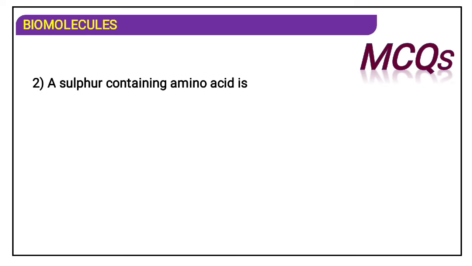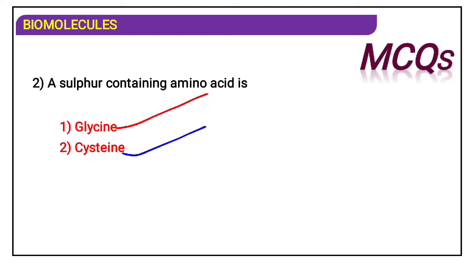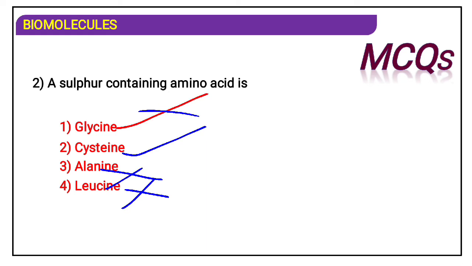Glycine has no sulfur, alanine is not containing any sulfur, and leucine also does not contain any sulfur. Only cysteine contains sulfur in its structure, as you already observed in the table.